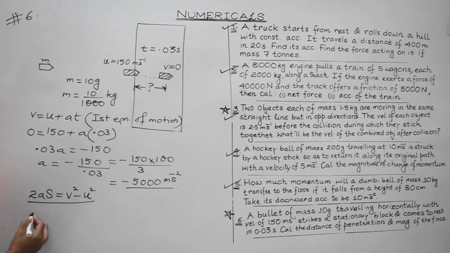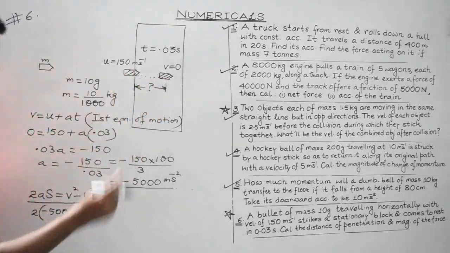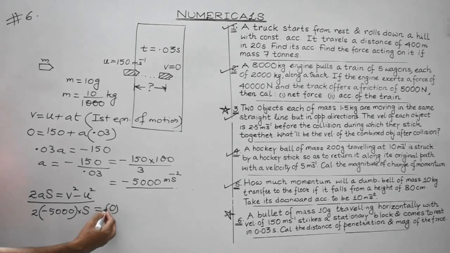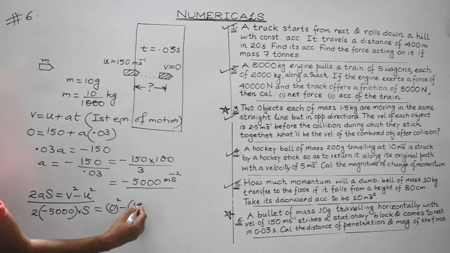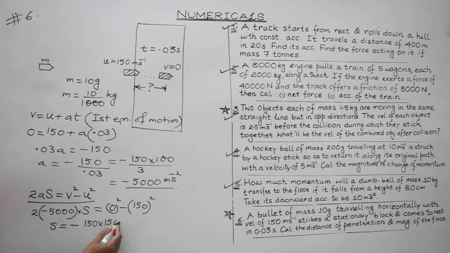So let's substitute the values. 2, what is the value of a? It is minus 5000. s is to be determined, it is the distance of penetration. What is v? It is 0. What is u? It is 150. So s is equal to minus 150 into 150 divided by 2 into minus 5000.